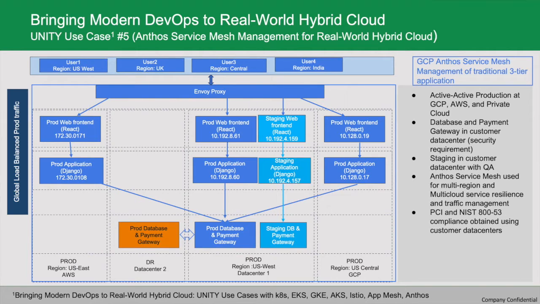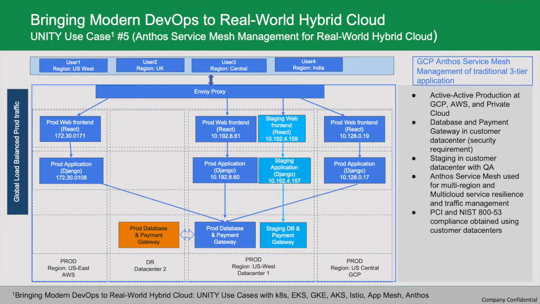All these three sites, the US West, US Central, and US East, were active production sites, but we also delivered true service resilience by implementing Service Mesh and by taking their traditional three-tier application and breaking it into three service layers: one being the web front end layer, the second being their Django application, and the third being their database, the PostgreSQL database.